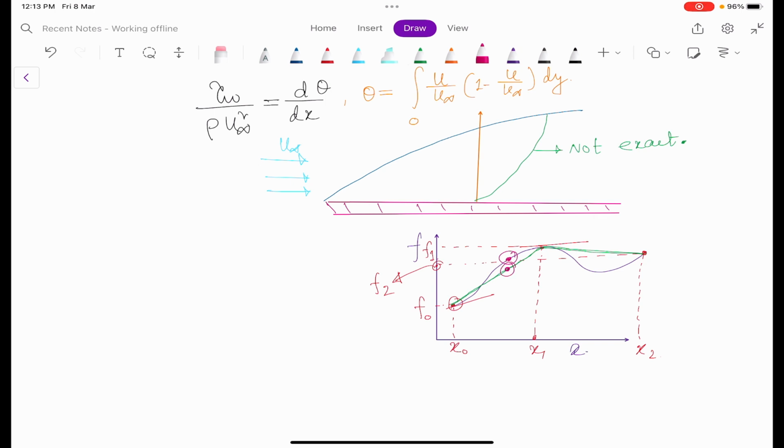So maybe you are saying that yes, the error is large, but if you see the area under the curves, they will be more or less the same, because this much area is less for the approximated curve, but here the area is more.